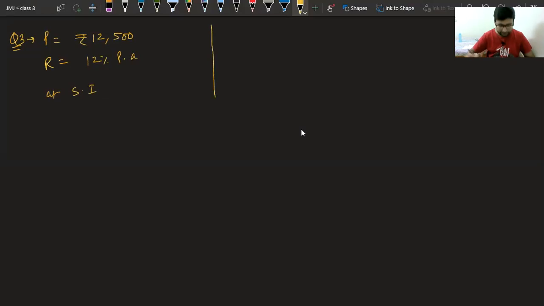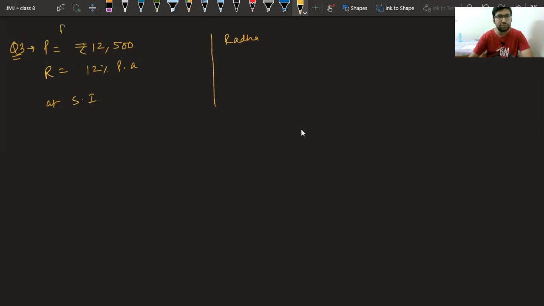And there is one more person, Radha, who borrows the same amount. There are two persons. One is taking money on compound interest, one is taking on simple interest. Same amount, that means principal is same, rupees 12,500.